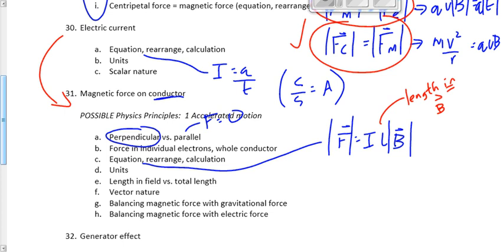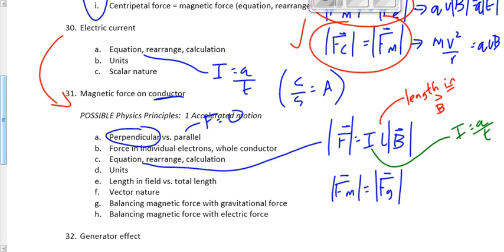Sometimes we've got to find electric current using Q over t. And sometimes you've got to set the magnetic force equal to the gravitational force. So instead of QvB equals mg, it would be ILB equals mg.